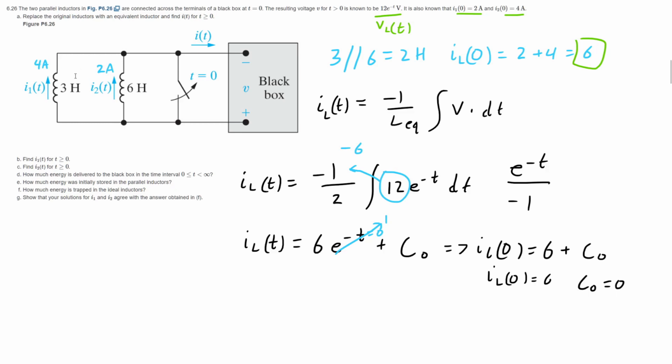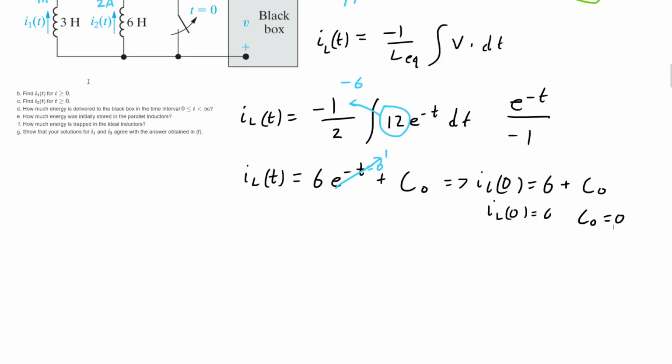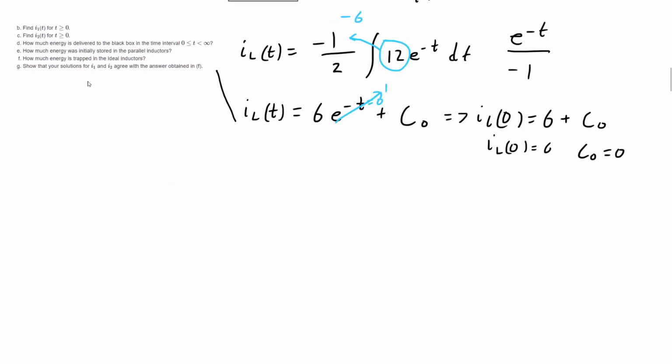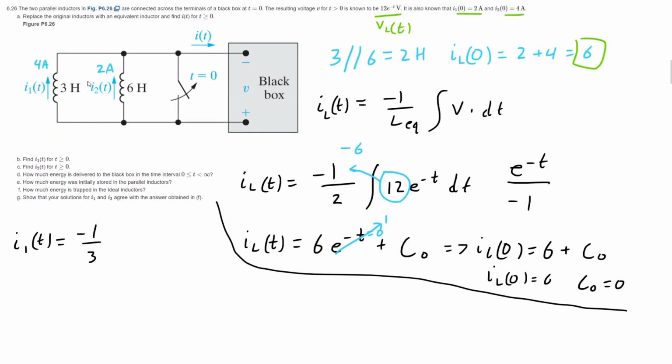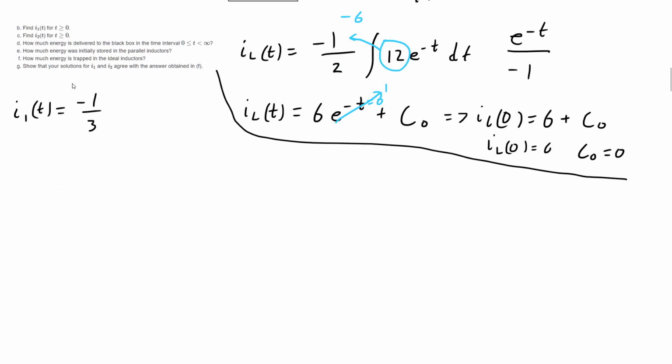So we're going to do the same kind of process to find i1(t) and i2(t). i1(t) is going to be 1 over the equivalent inductance, which is 3. Double check, I'm pretty sure it's 3. Yeah, 3. And then there's 12 e to the minus t dt. So 12 divided by 3 is 4.